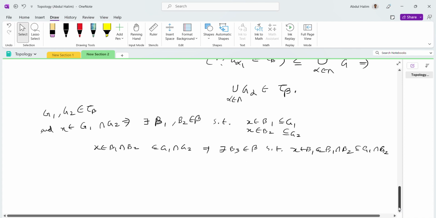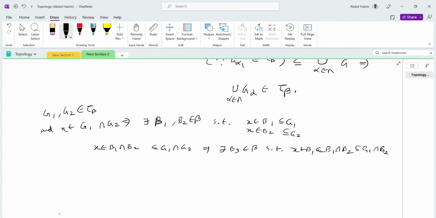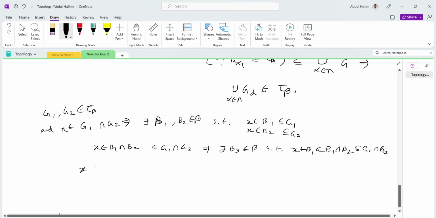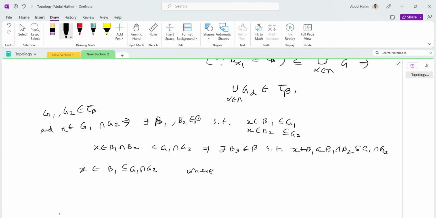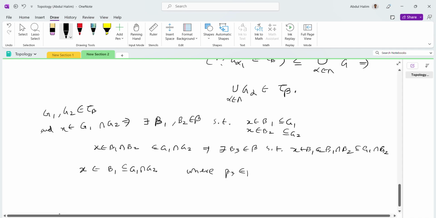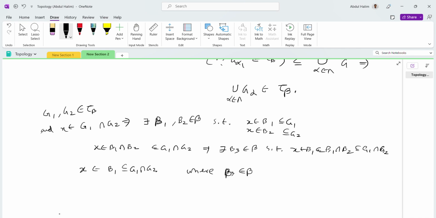Yes, this implies for G1 intersection G2 there exists a B3 belonging to beta such that x belongs to B3 subset of B1 intersection B2 subset of G1 intersection G2. That's all. We are just checking that these are the base. We confirm it.